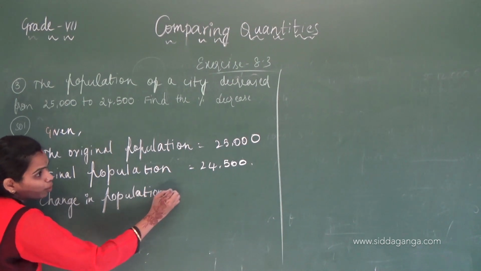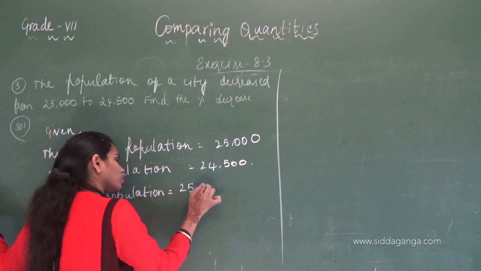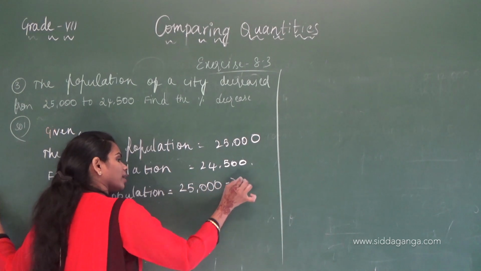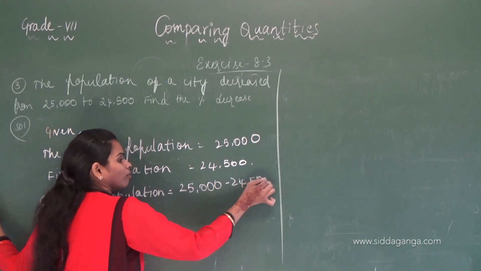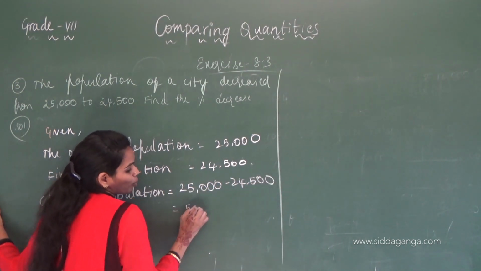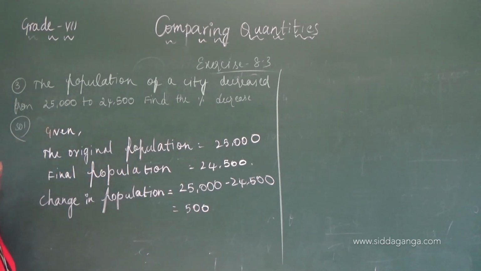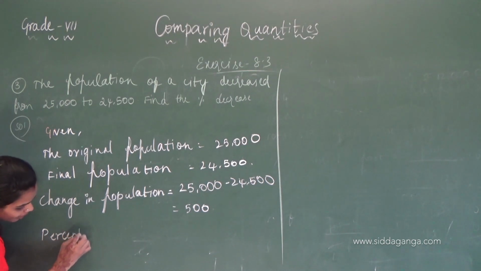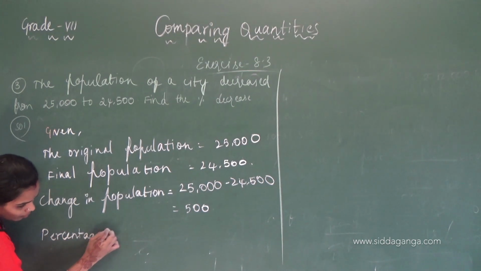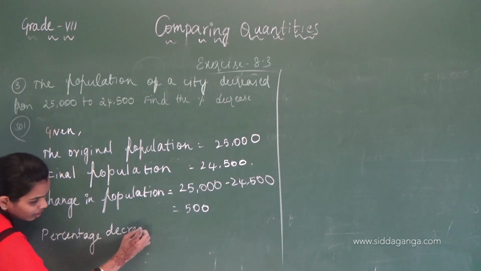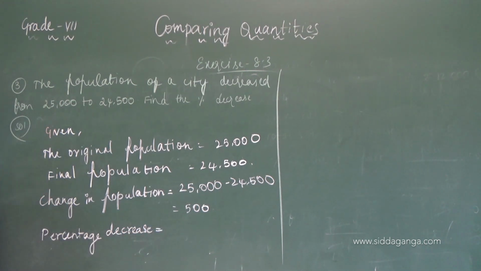What is the change in population? 25,000 minus 24,500, which is 500. They are not asking us to find the change in population. We have to find the decrease in percentage. We can write percentage decrease or decrease in percentage.